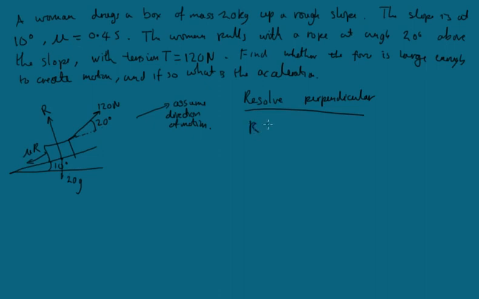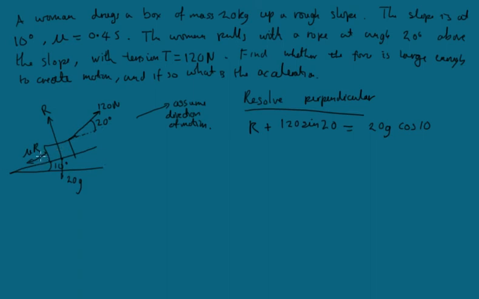We've got R, plus the perpendicular component of this rope, which is 120 sine 20, and that must be equal to 20 g cosine 10.